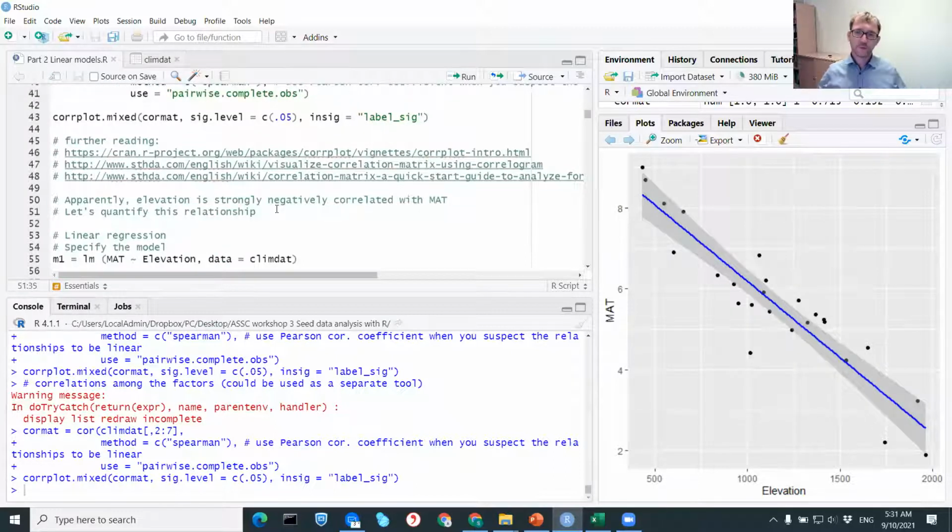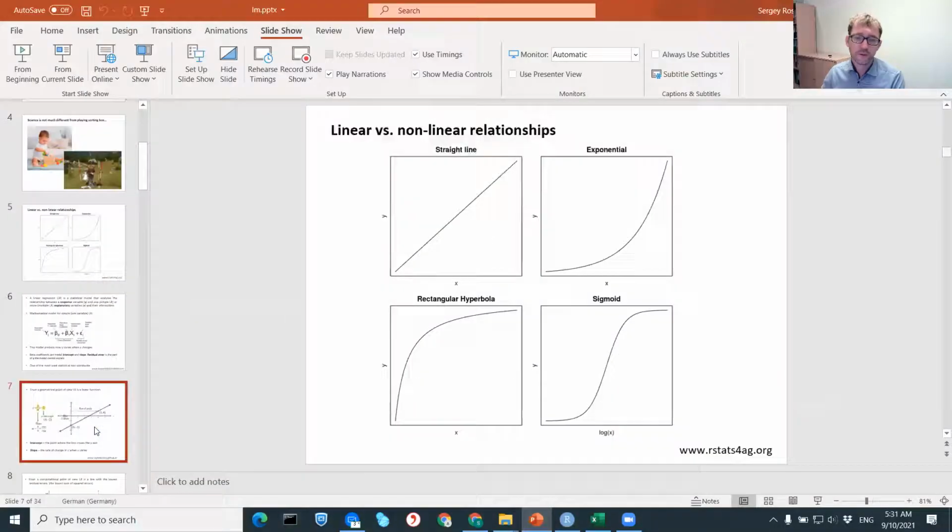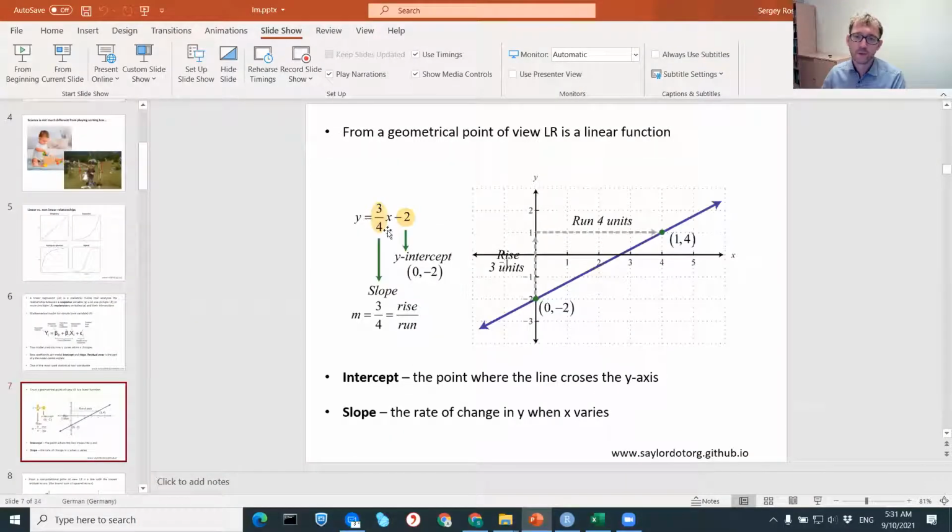And what we want to do in the next step is quantify this relationship, right? If you remember those slides, we want to find the slope and intercept of this linear function, basically to explain how strong this relationship is, or how weak.